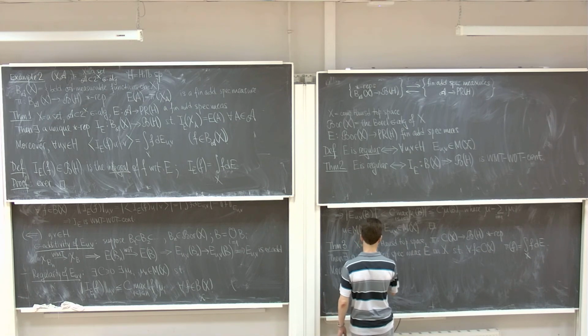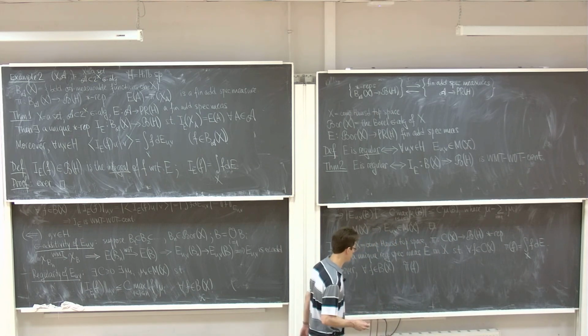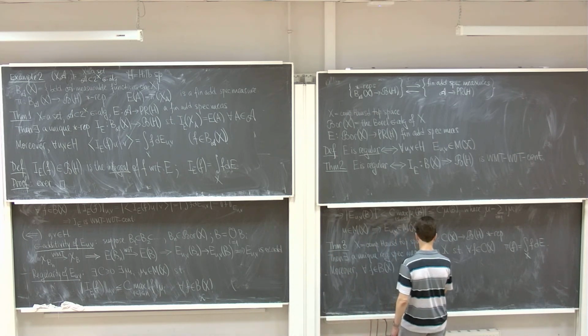For each bounded Borel function f on X, pi tilde of f, the canonical extension of pi, is again the integral of f with respect to E.